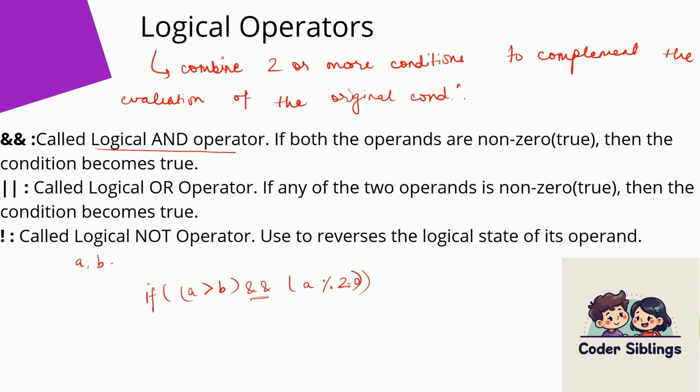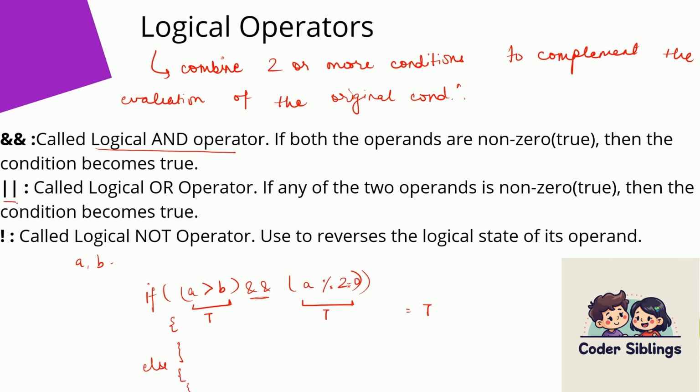If I use the AND operator, the A is greater than B condition should be true and the A modulo 2 equal to 0 condition should also be true. Only then the final result of this if condition will be true and the statements under if will be executed. Else the statements under the else command will be executed, right?